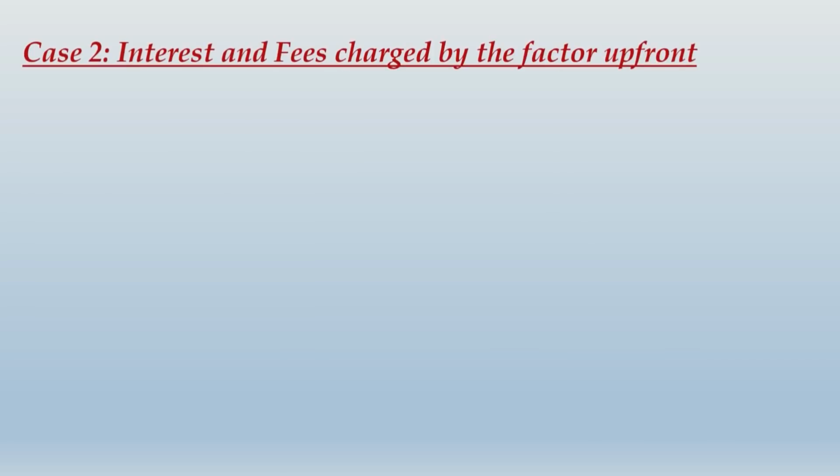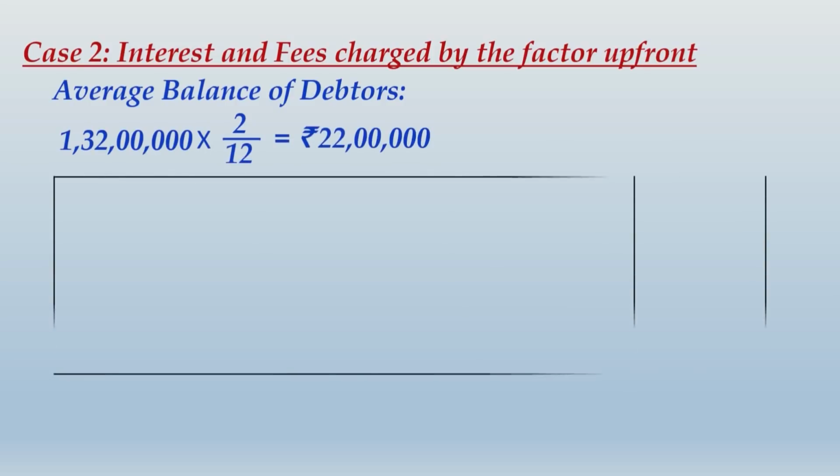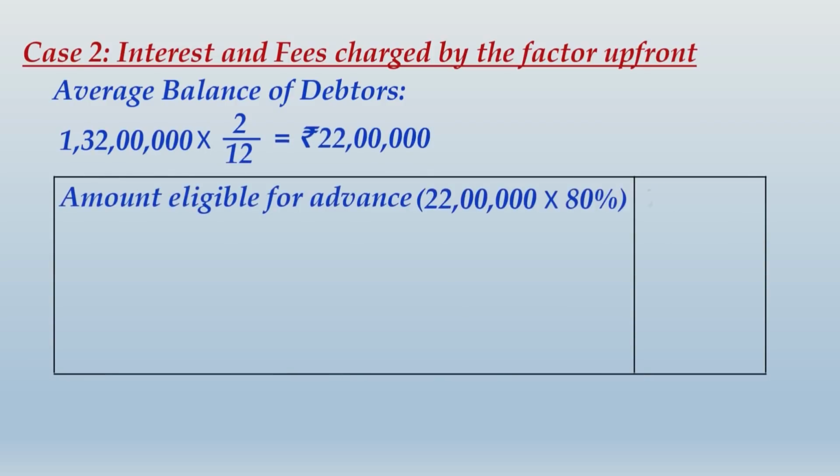Case 2. Interest and fees are charged by the factor upfront, that means at beginning of each cycle. So average balance of debtors we have already computed, it was what? 22 lakhs. Now what we do is, amount eligible for advance will be 80% of 22 lakhs, that is 17 lakh 60,000.